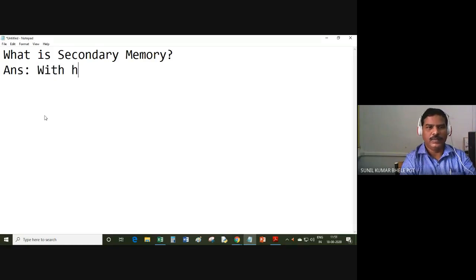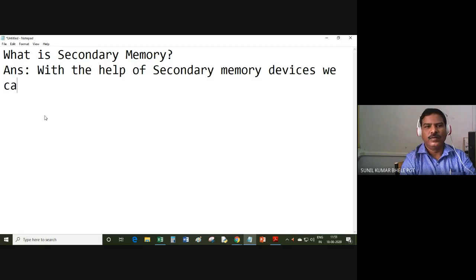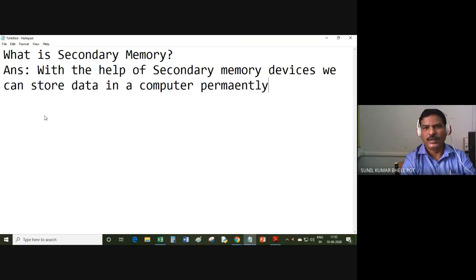With the help of secondary memory devices, we can store data in a computer permanently. Permanently means the contents will not be lost when you switch off the computer, or in absence of power, the contents will not be lost.